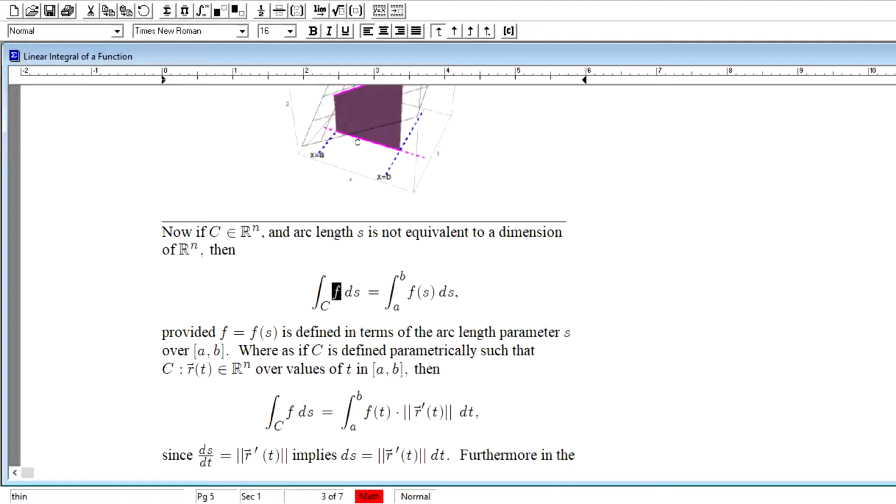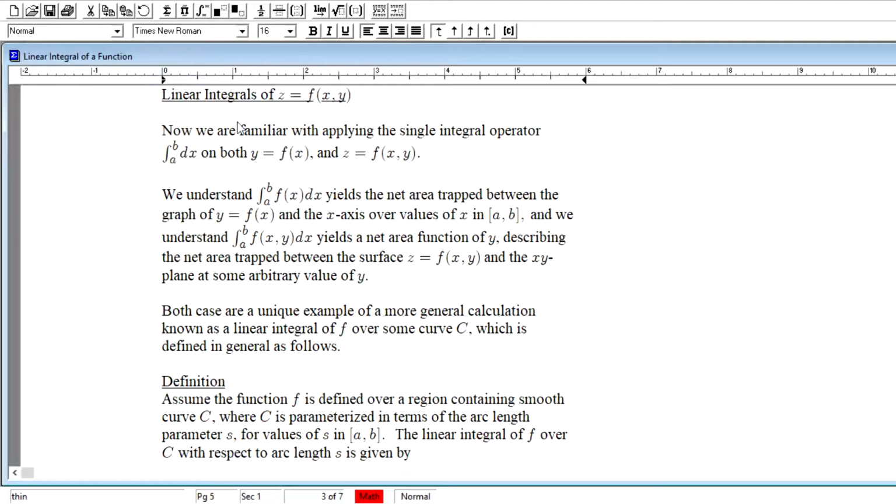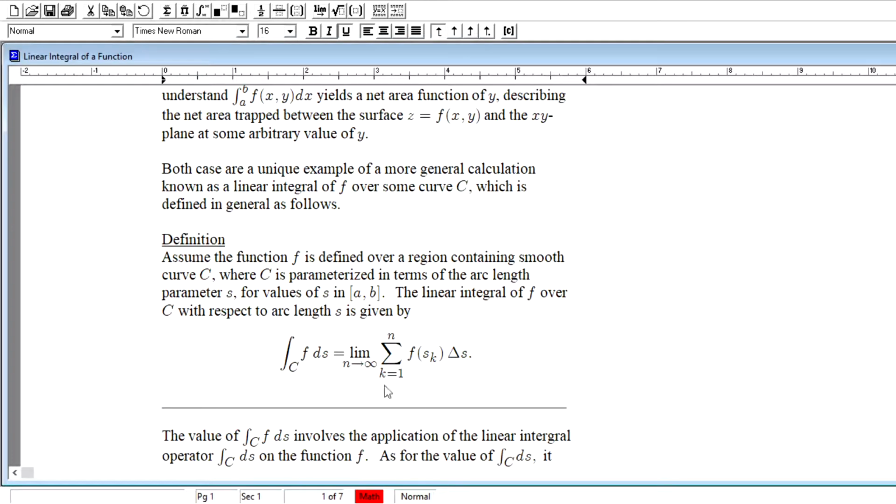So this first section is just getting us a little bit more formalized with what we mean by a linear integral, what we mean by this idea here in general, that involves the application of this single integral operation or this linear integral operation, this integration that's going to occur across some curve C in n-dimensional space.